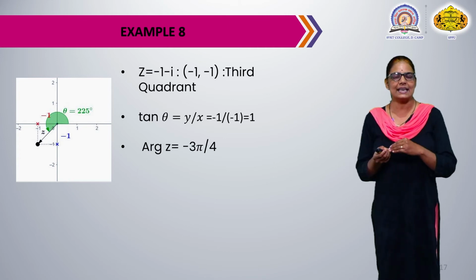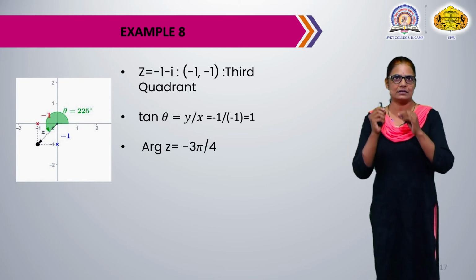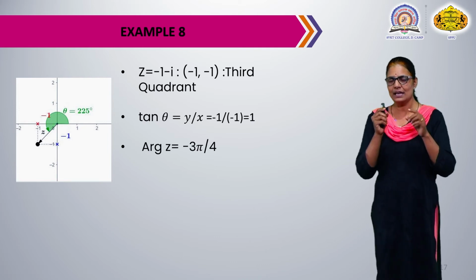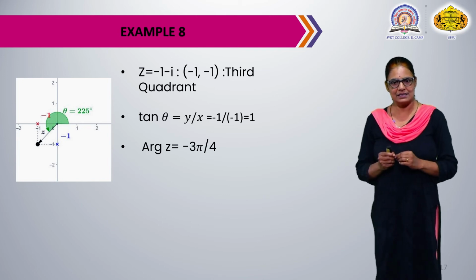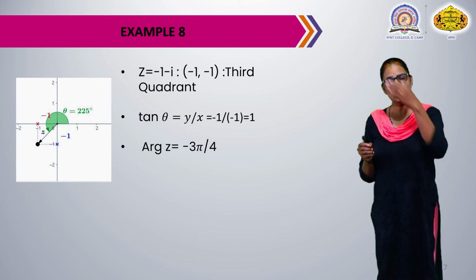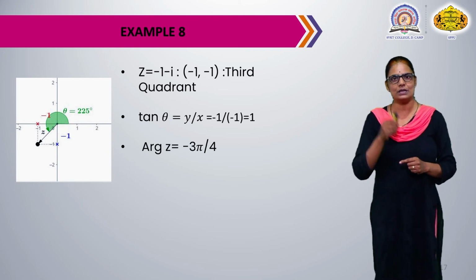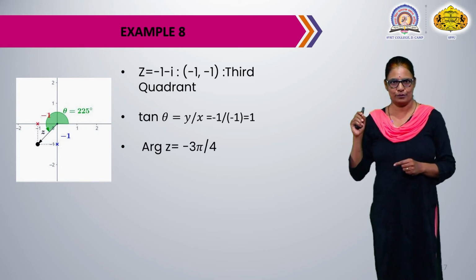So in this case we consider the whole angle, that is the angle between negative and positive real axis, which is pi, and if we subtract that angle we get the required answer, which is 3 pi by 4. But we count the angle in the clockwise direction, and that is why we put the minus sign there. So the argument of z in this case is minus 3 pi by 4.